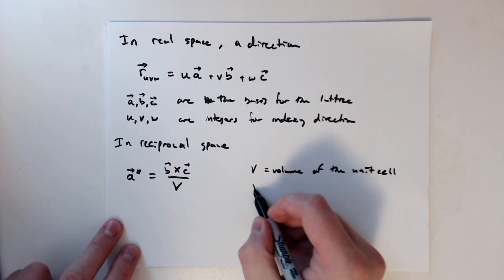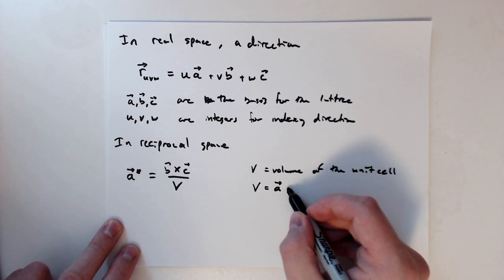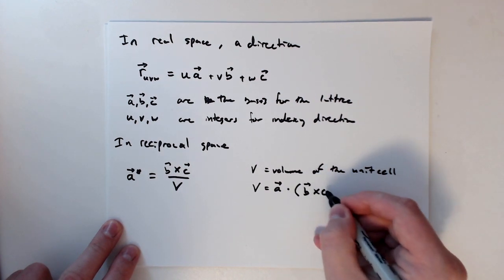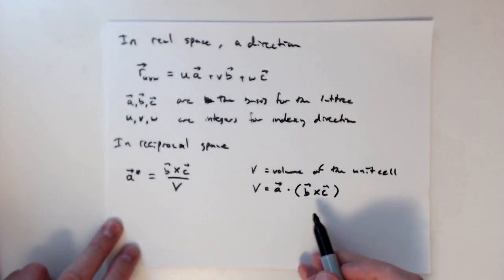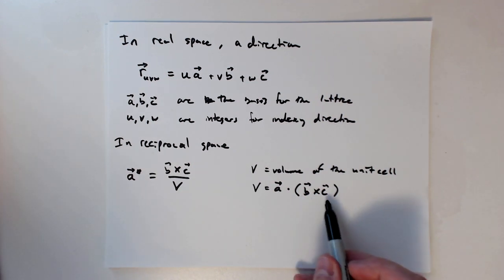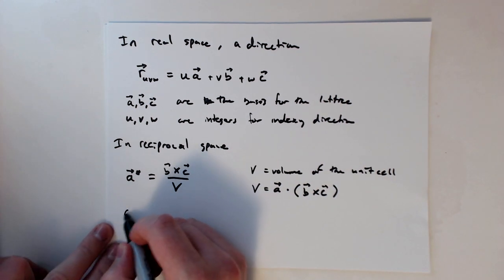And so we can define this as the A vector dot product, and then cross B and C. So we can also define the volume in terms of our vectors, right? So B cross C and then dot product with A. Right? Okay, and then we can define the rest of the vectors.